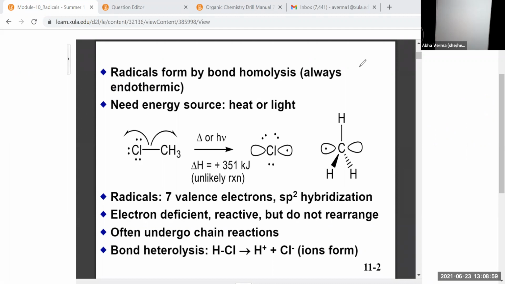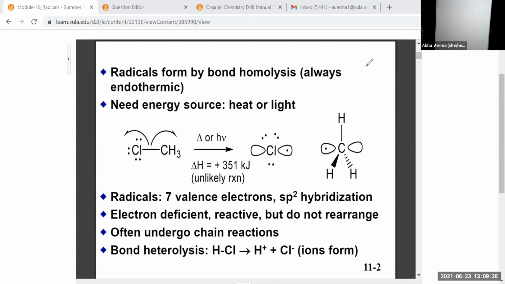So radicals are high energy, unstable molecules. They're definitely high energy and unstable molecules. And usually in our bodies, for example from oxygen, they are created by the light of the sun. So the energy of the light that comes from the sun is the reason that radicals get created in our bodies.